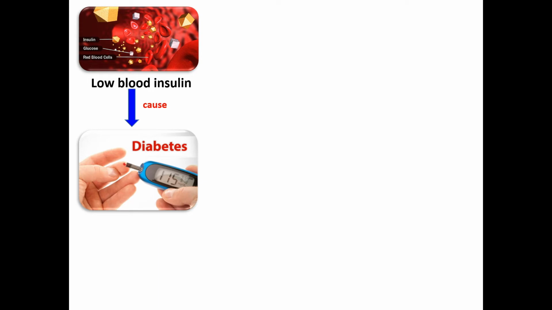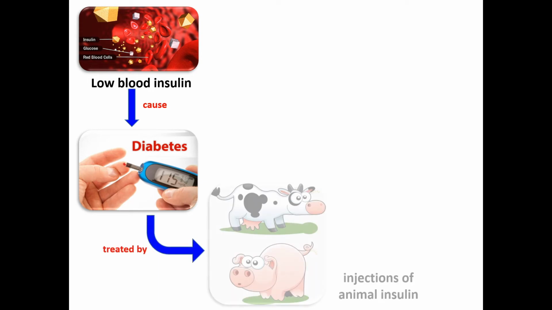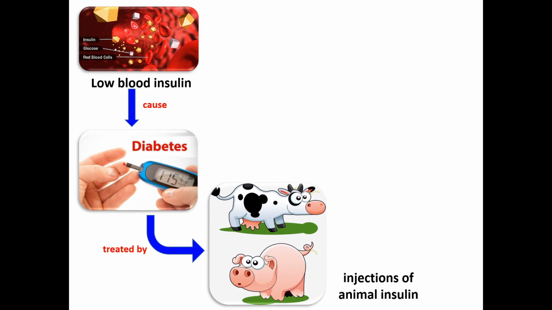Formerly, this disease was treated by the injection of insulin from animal source, such as pig and cattle. Unfortunately, the insulin from animal source is different in terms of amino acid sequence.